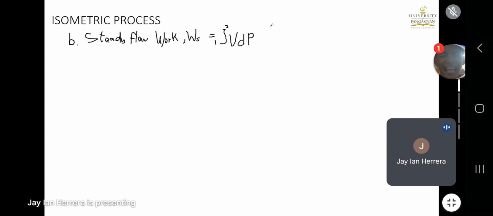So, elaborate natin si work steady flow. Steady flow then, the equivalent to the volume multiplied by P1 minus P2.